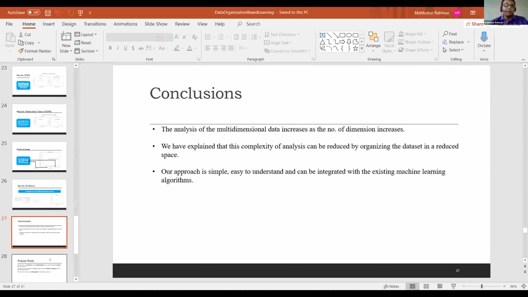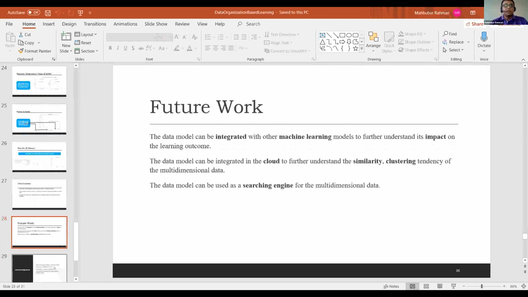And our approach is simple, easy to understand, and can be integrated with existing machine learning algorithms. This is the future work. This data model can be integrated in the cloud to further understand the similarity and clustering tendency of the multidimensional data. Also, it can be used as a searching engine for multidimensional data.